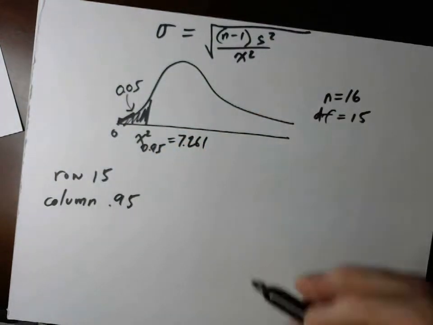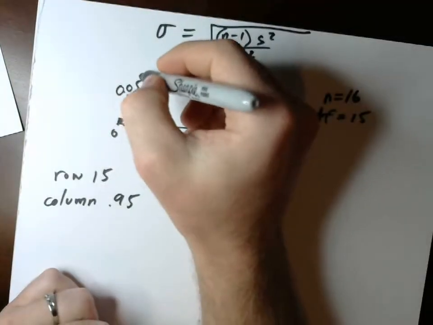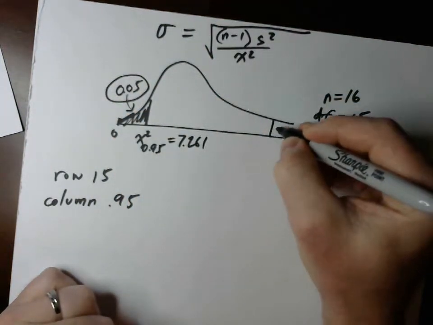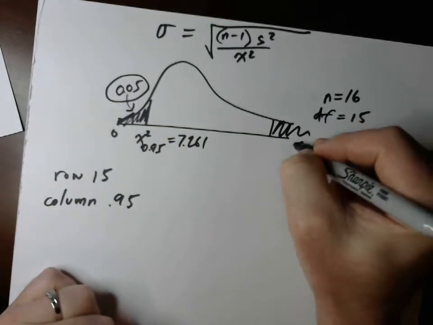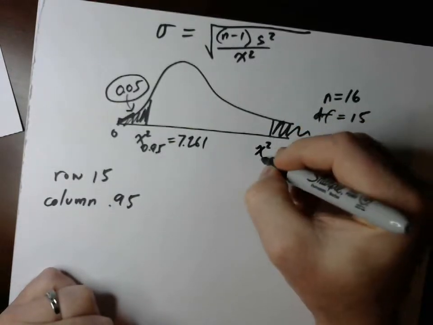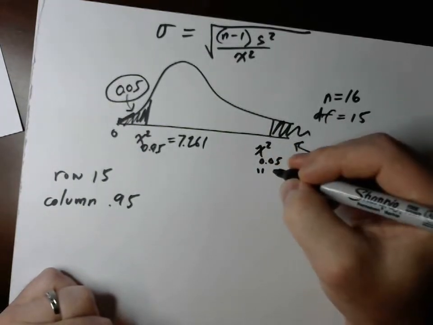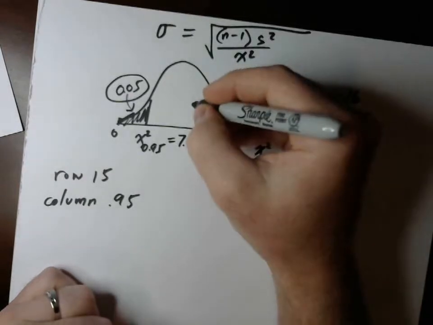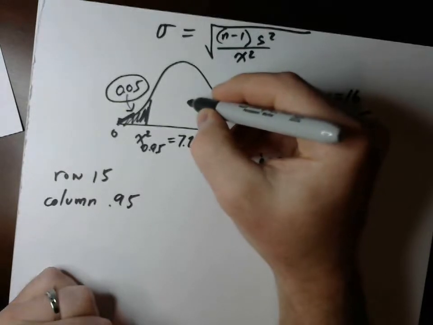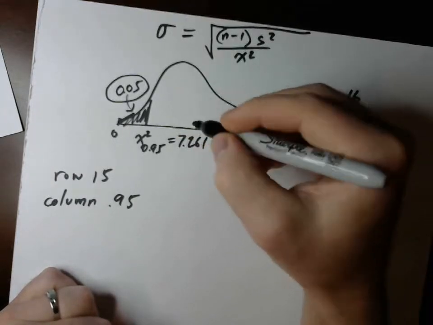Now, similarly, since we're doing a confidence interval, it's the same idea. For this example, we're looking at one tail equal to 0.05 and another tail equal the same, 0.05. Then this chi-squared value would be subscript 0.05 because it's the area to the right, in this case 0.05. So this would represent a 90% confidence interval, because 0.05 plus 0.05 is 0.1, so the middle area is 90%.